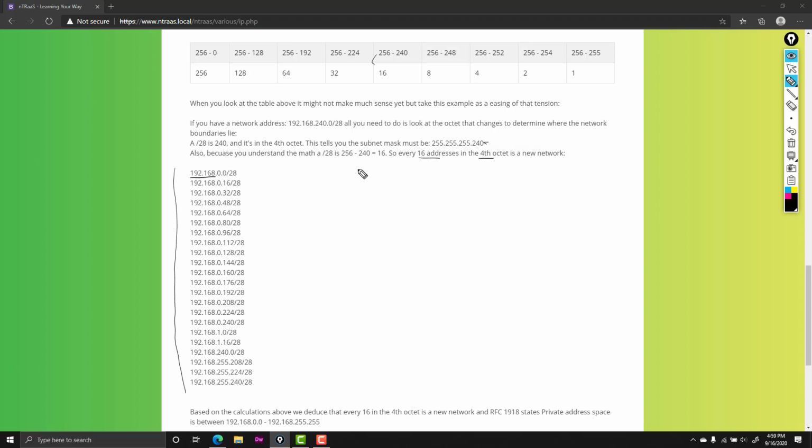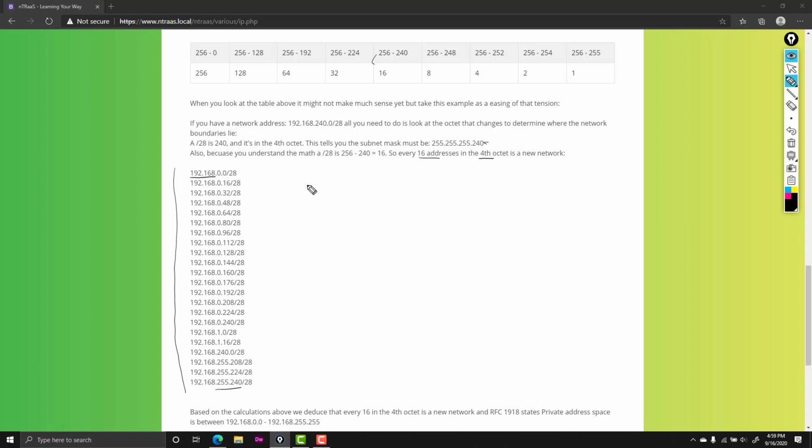Using our subnet masks, you'll see that we have a whole lot of potential networks available to us: 192.168.0.0, 0.16, 32, 48, 64, 80, 96, 112, 128, all the way down to 1.0, 1.16, to 240.0, all the way to 255.240. These are all the potential networks you can have, and then some.